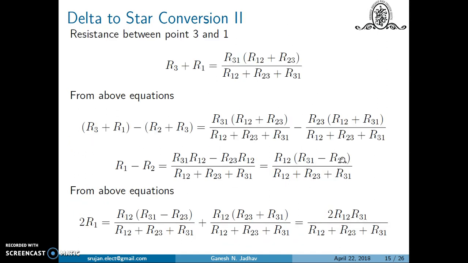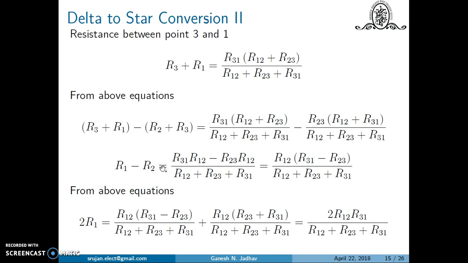The denominator is the same, so we get R31 R12 and R23 R12. The terms R31 R23 and R23 R31 are opposite, so they cancel. Taking R12 as common, what remains in the bracket is R31 minus R23.